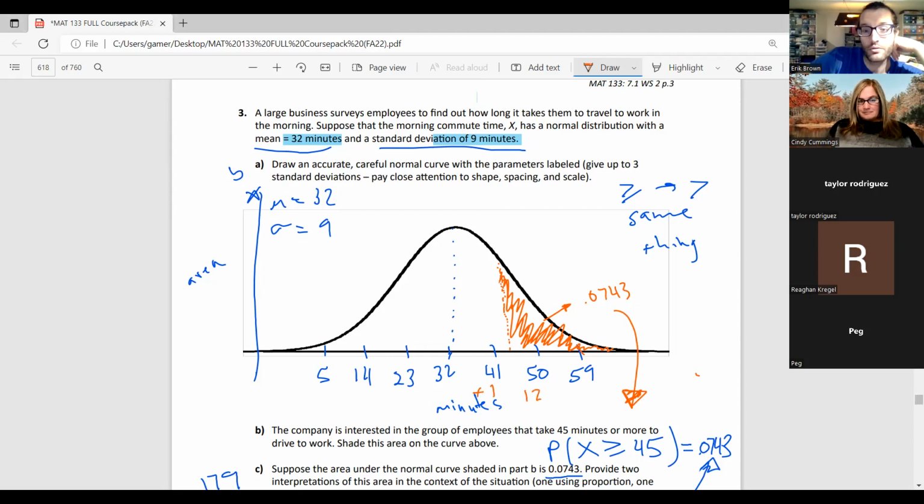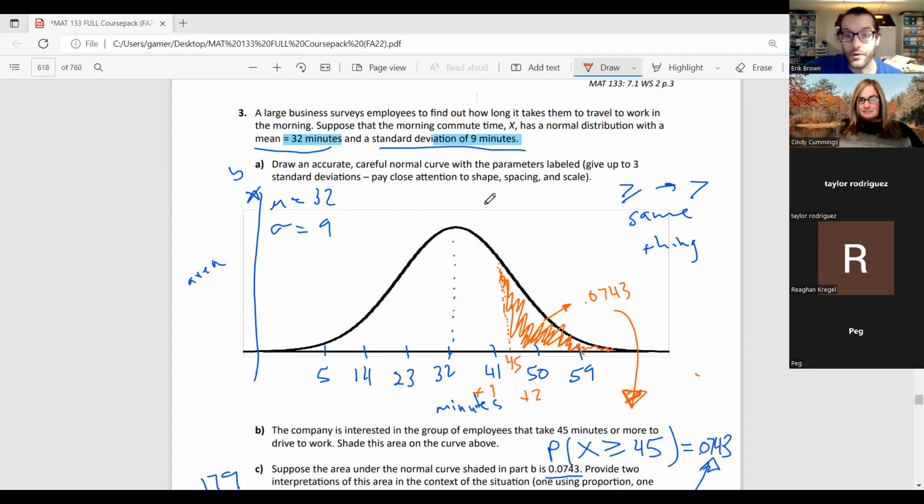This is +2. 45 is here. Is 45 above 2 standard deviations? No. Nice. So from a standard deviation point of view, no, it's not. It's less than 2, so it's not unusual.